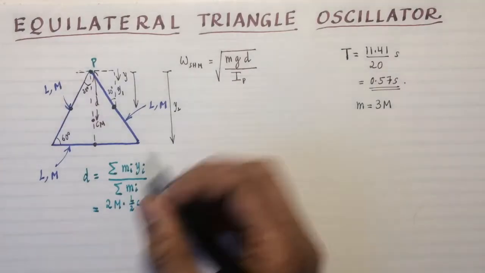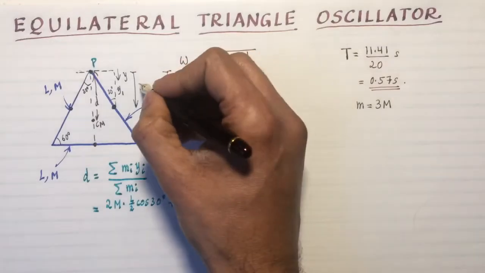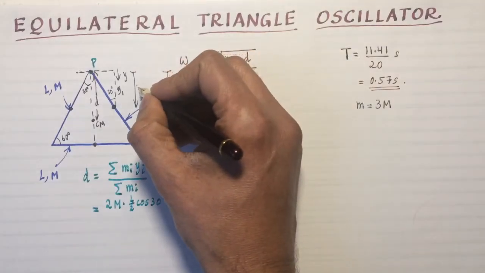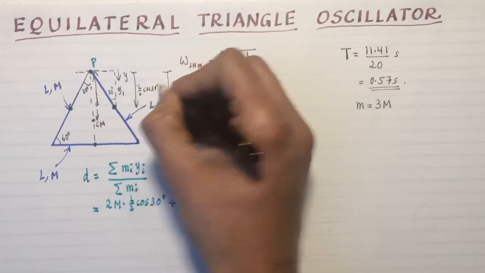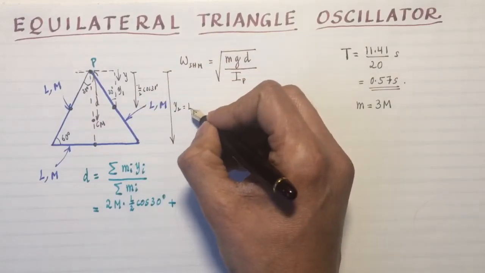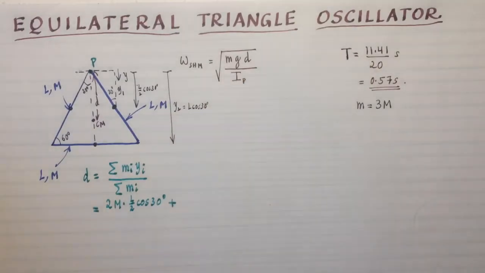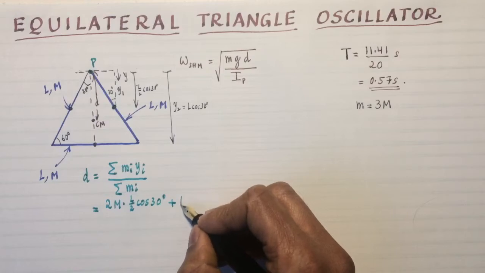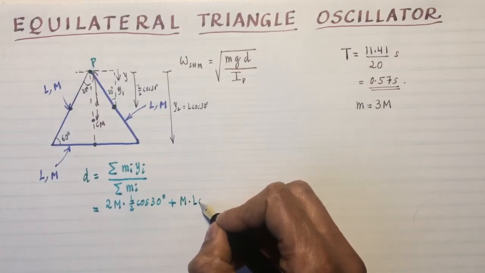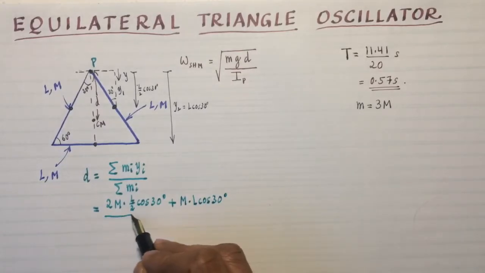Now let me write down what those distances are. So y sub 1 would be L over 2 cosine 30 degrees, and y sub 2 would be L cosine 30 degrees. Just to put it all out in the picture so it looks nice. So that's M times L cosine 30 degrees divided by M plus M plus M.